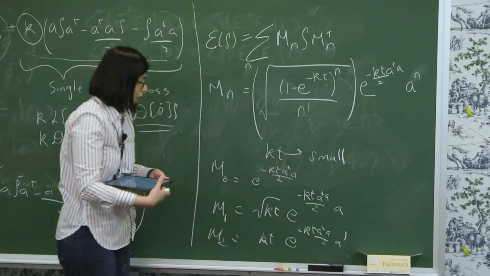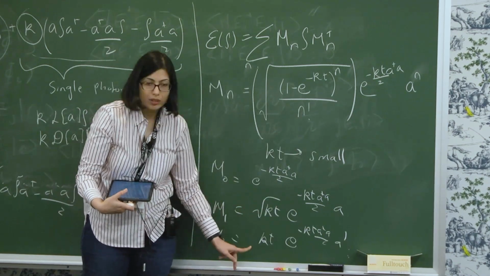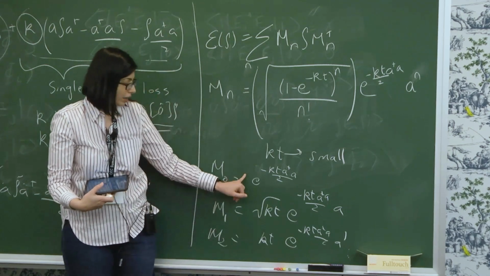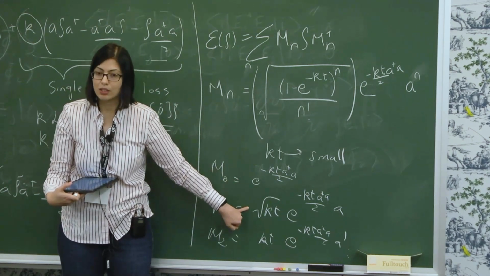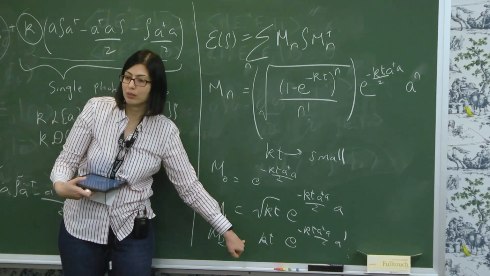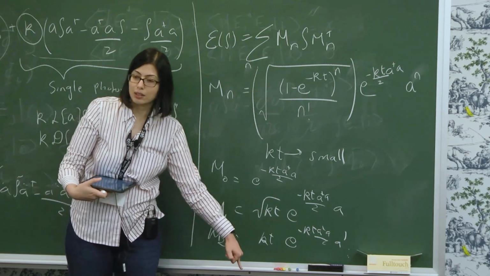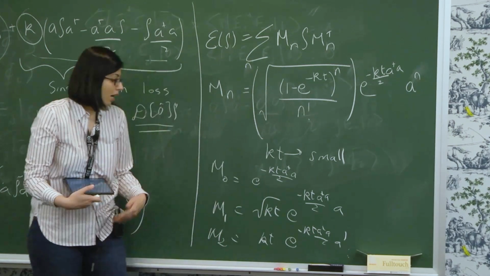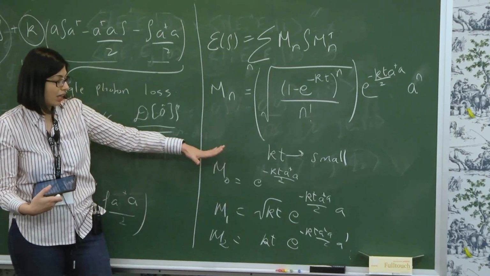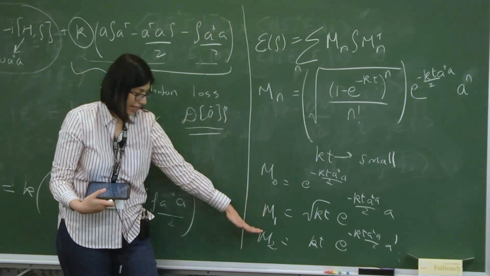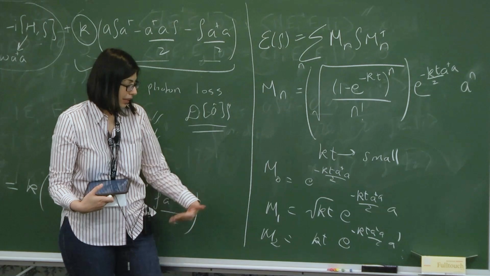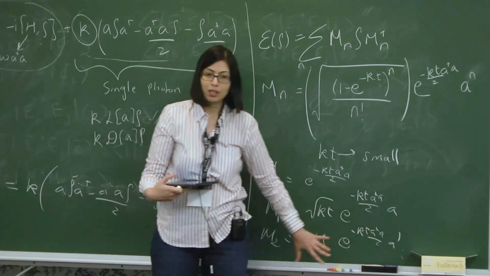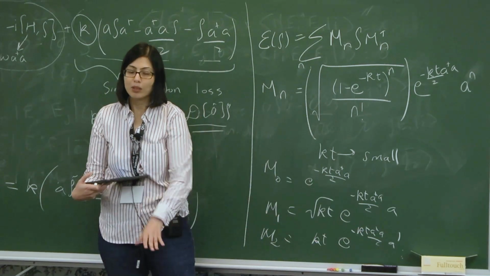You see you're increasing the powers of kappa t. Here there's no power of kappa t, here there's the square root of kappa t, then just kappa t, and then the next term will be kappa t to the 3 by 2, and so on. So when kappa t is small, as n increases, these higher order terms become smaller and smaller.